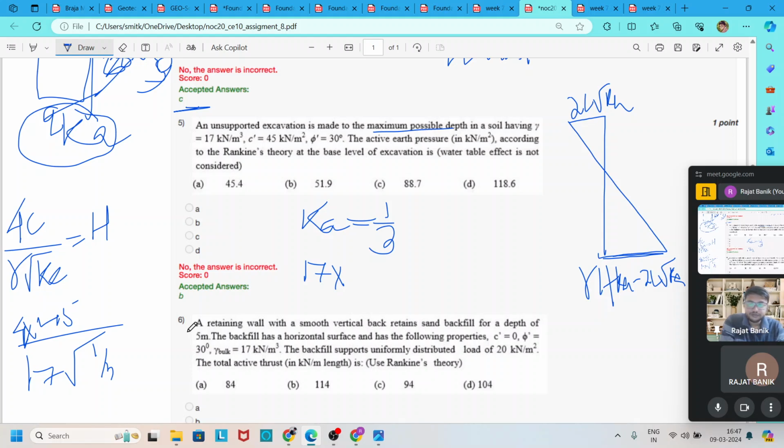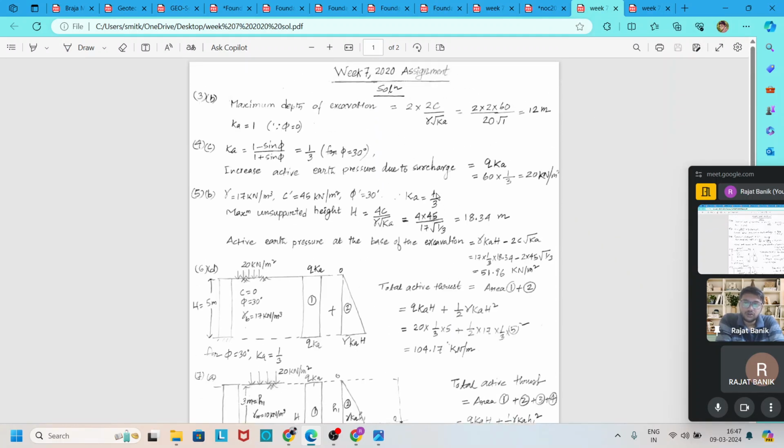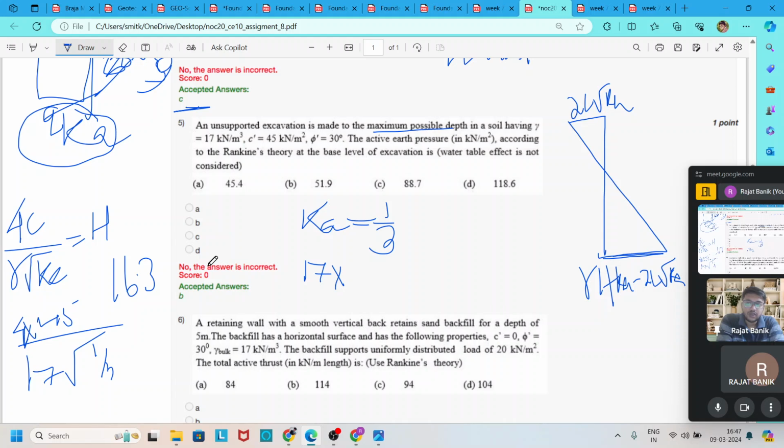Sorry, I was looking at the problem wrong, C is 45, so I am calculating again. It becomes 18.34. So our excavation height is 18.34.